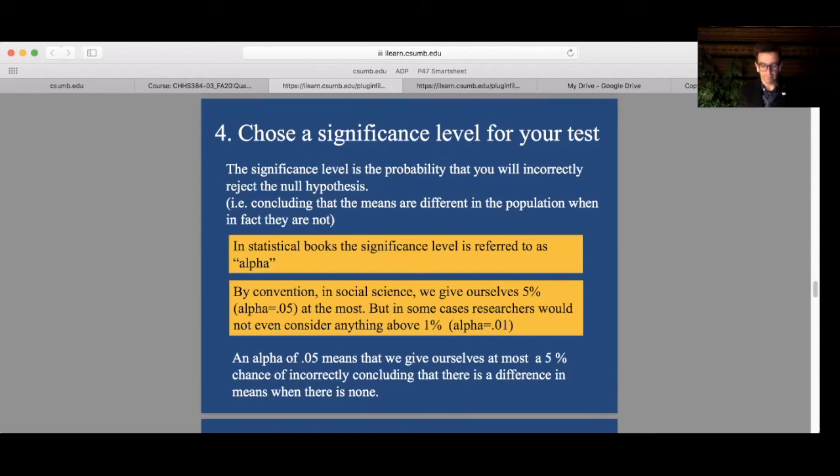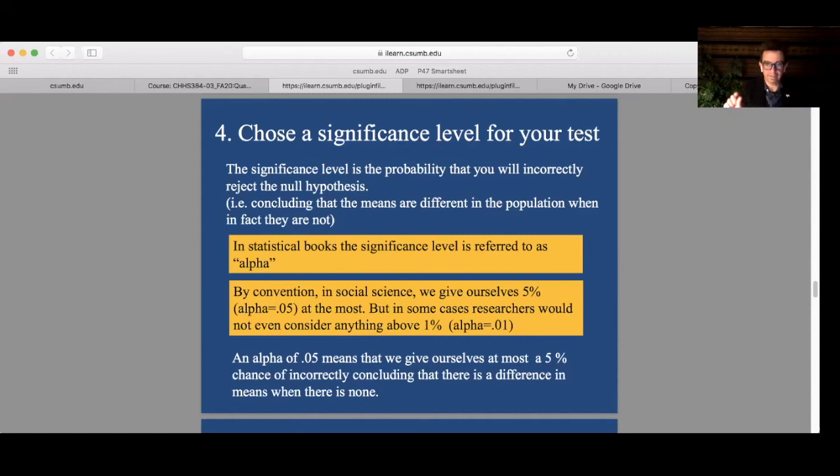So the alpha of 5%, that means our significance level is 5%, right? And we would choose a t-value from that distribution that we determined, given the degrees of freedom, and we would choose a value that we would get 5% of the time, or less.